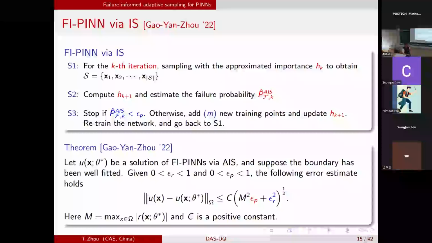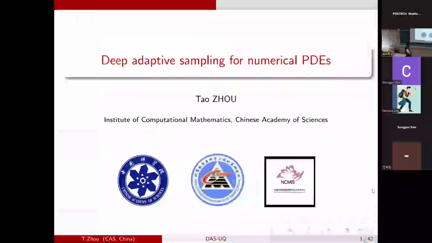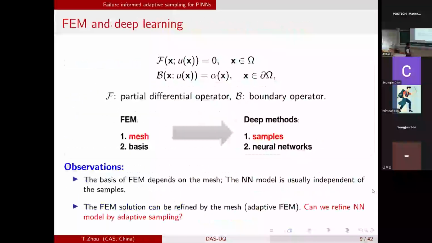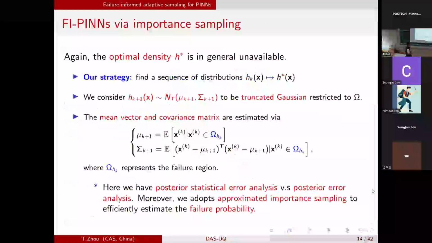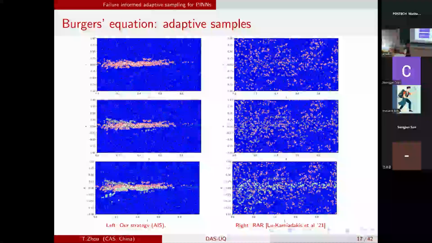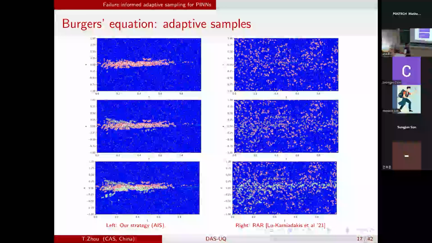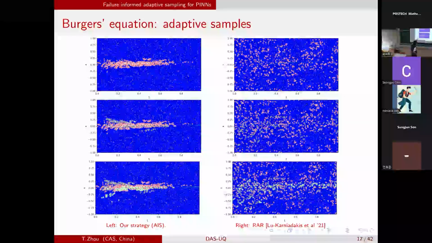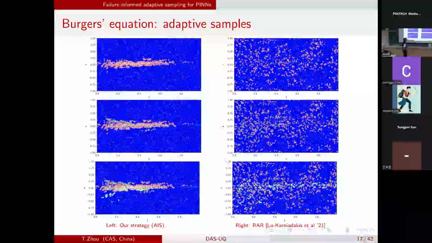Any other questions? You have two figures comparing your method and this method, right? Can you explain the highlighted points, how you are selecting them? This kind of points? Yeah, the left side figure.